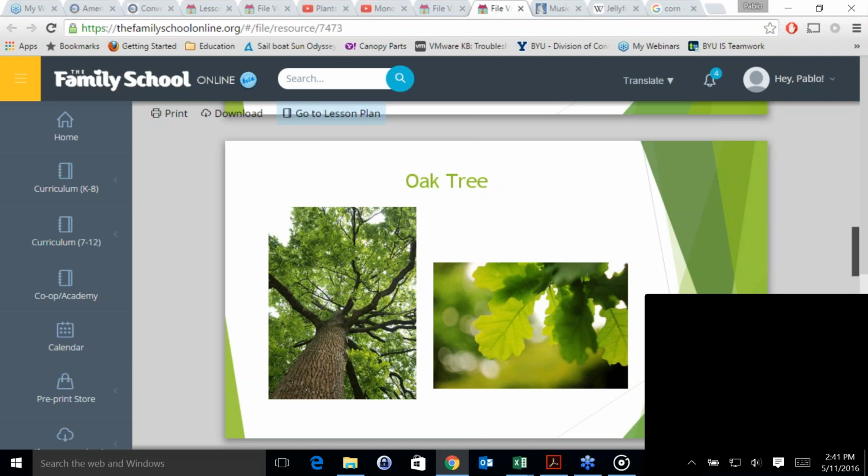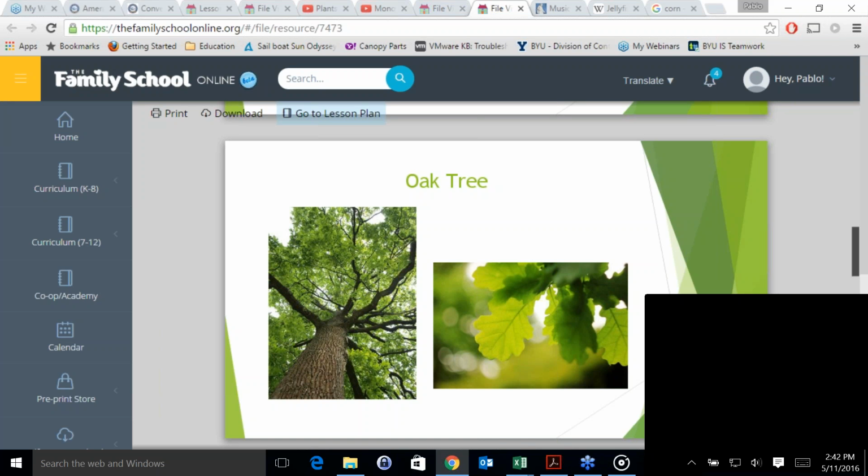What else do you see here in this picture of the oak tree that will help us see that this is a dicot? The leaves have that kind of spreading veins. That's right, the leaves have the spreading veins, non-parallel. Good.